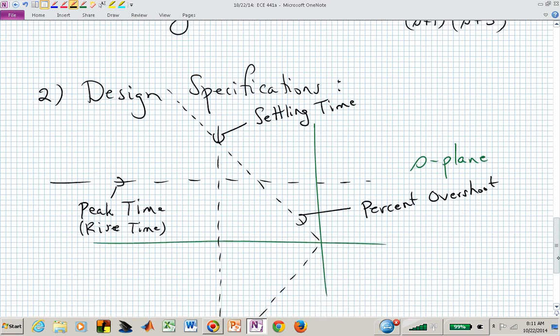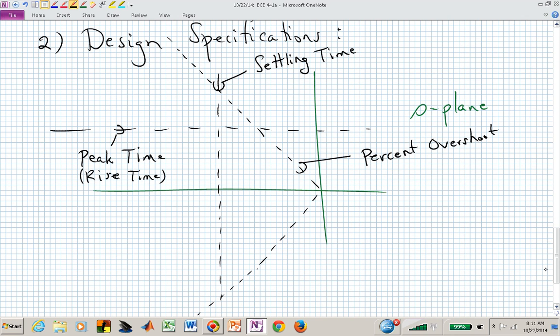We have modeling, we have design specifications. Now if we wanted all 3, we wanted a certain percent overshoot, we wanted a quick peak time, and we wanted a reasonable settling time, now do you see where we would be living? We would be in this region of the complex S-plane, the intersection of those.